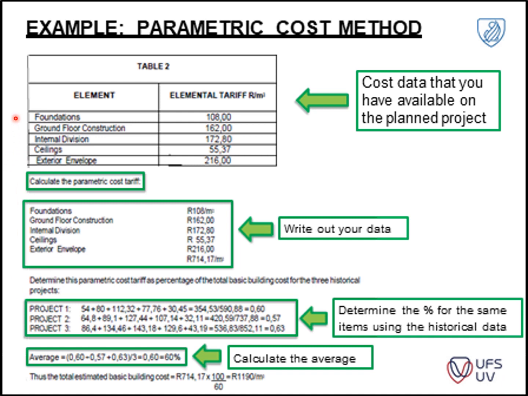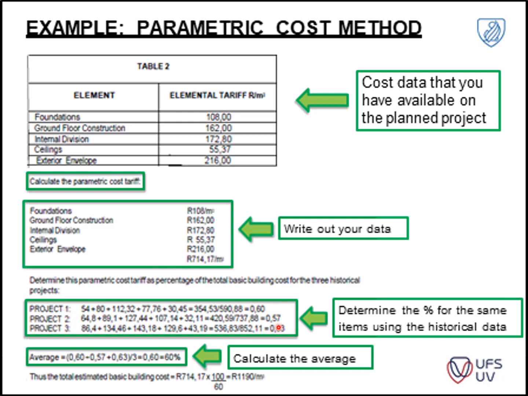So project 1, the foundations, then you go to the ground floor, the internal divisions, the ceilings, and the exterior walls, and you add them all up, and you divide it by your total cost for that building to calculate how much did these items contribute to the total cost of your building.